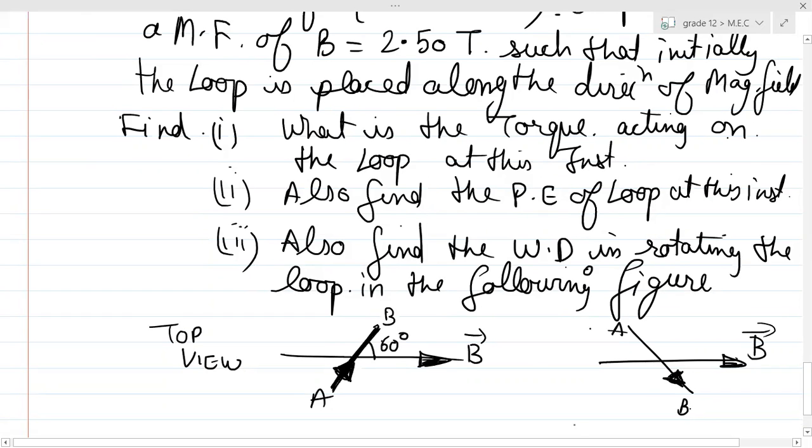Guys, are you able to understand the question?